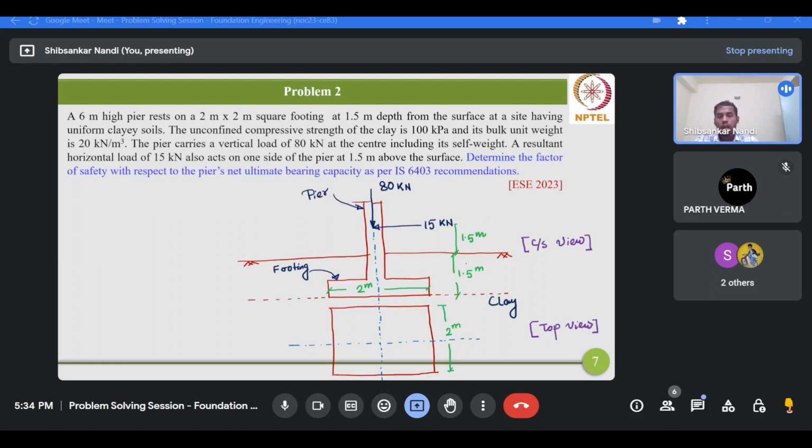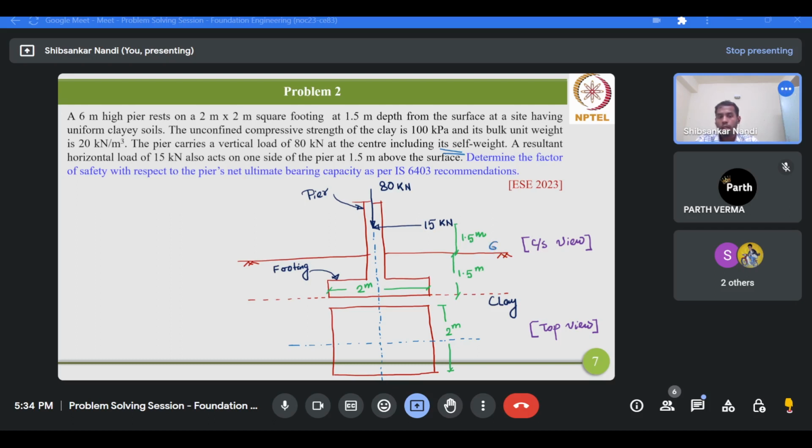So the top figure represents the cross-sectional view, and the bottom figure represents the top view of the given problem. So this is the pier. It's basically acted upon by a concentric vertical load of 80 kN, including its self weight, and a resultant horizontal load of magnitude 15 kN at a height of 1.5 meter from the ground surface.